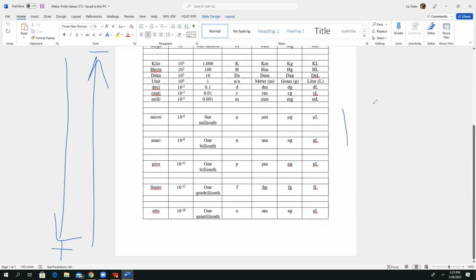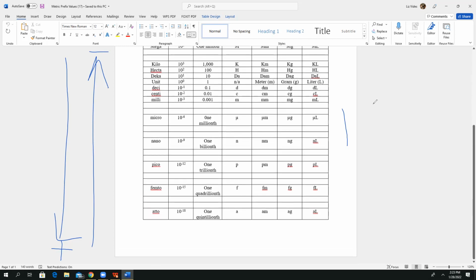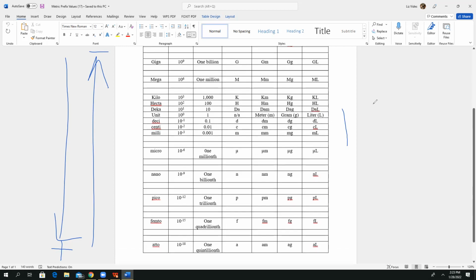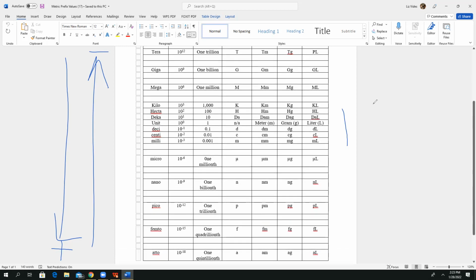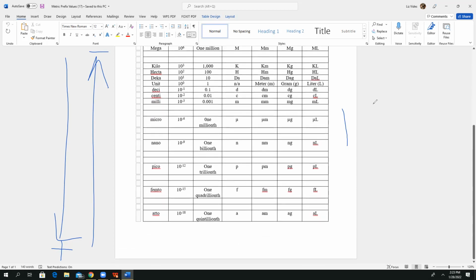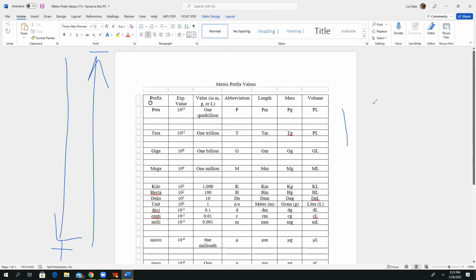And then there's more than that too. And then atto is something that is there. Femto, pico. I know you've heard nanometers for sure. If you've been in biology, you've heard nanometers. Picometers, femtometers, and attometers. All of these are there.